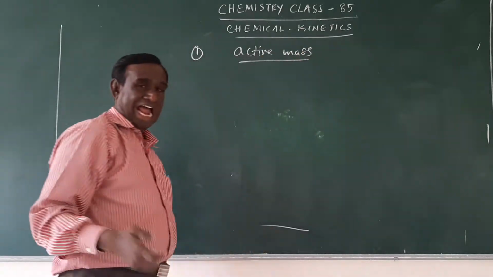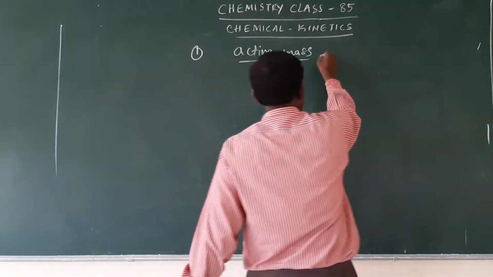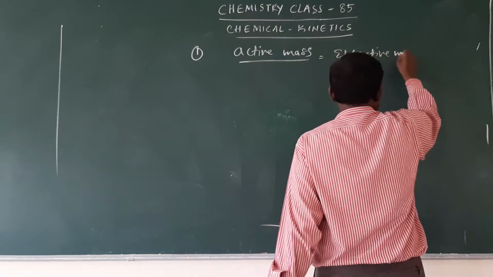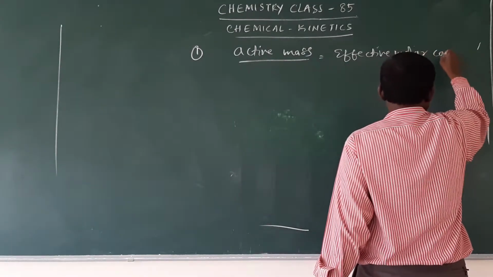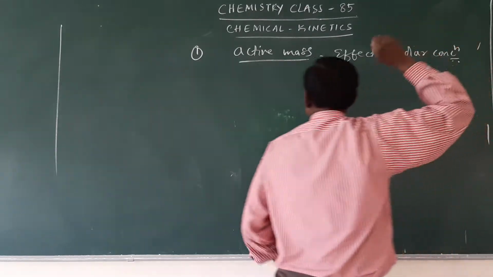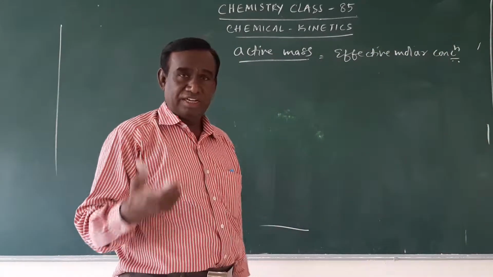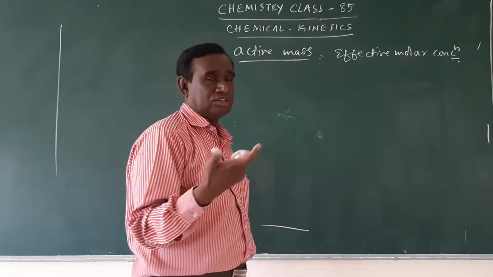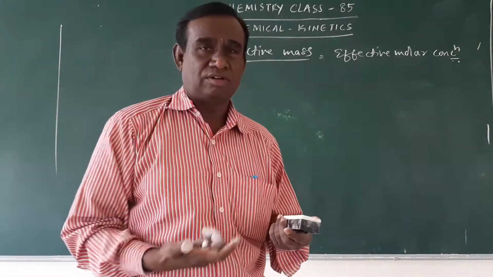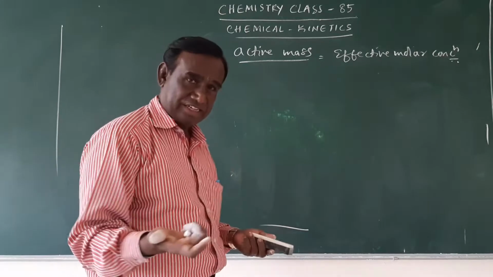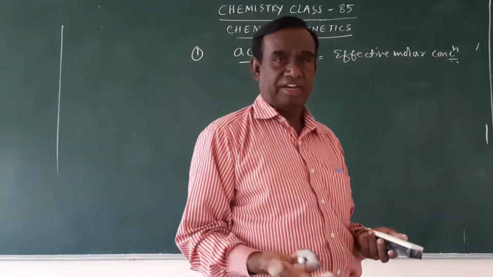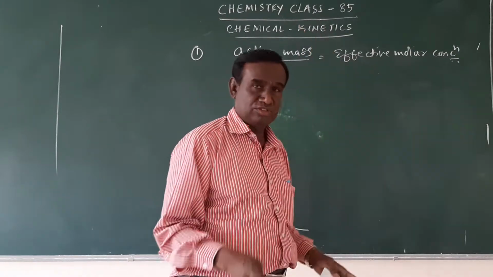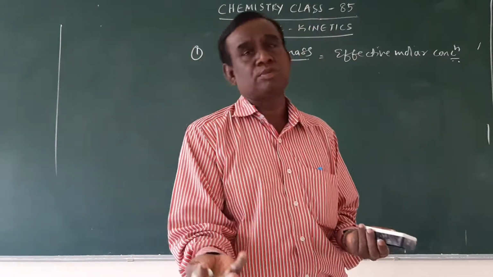Active mass is nothing but the effective molar concentration. It is the effective molar concentration of the reactant as well as the product. Of course, we call it the active mass of the reactants and the active mass of the products. So active mass is the effective molar concentration of the reactants as well as the products.